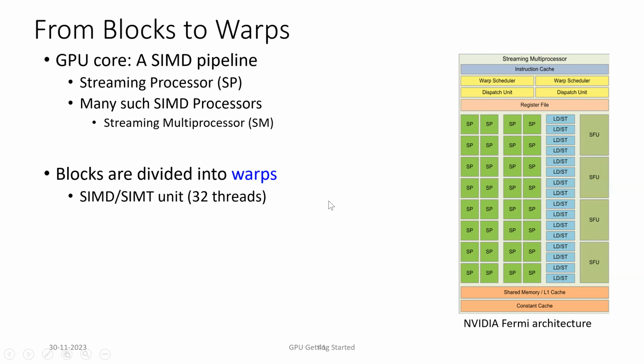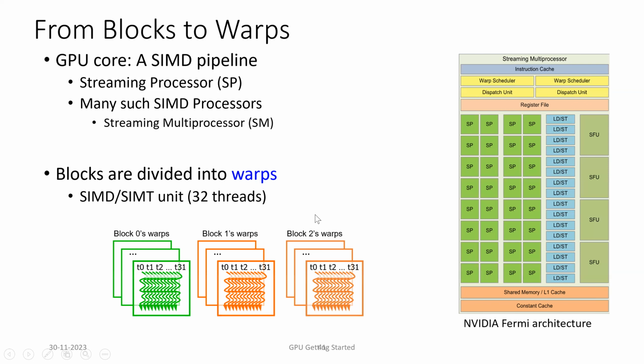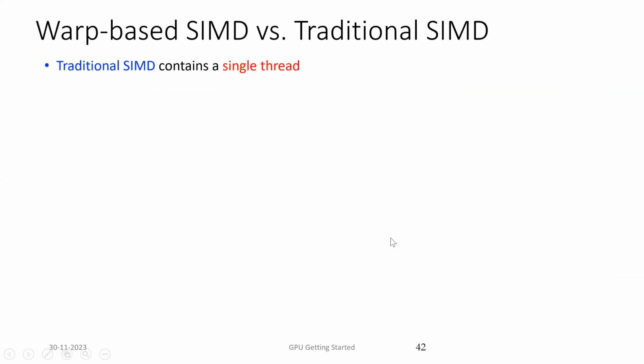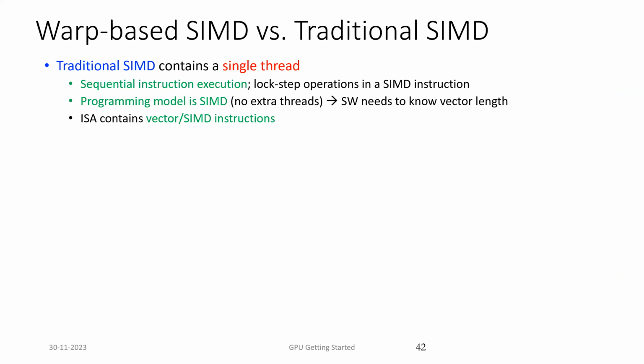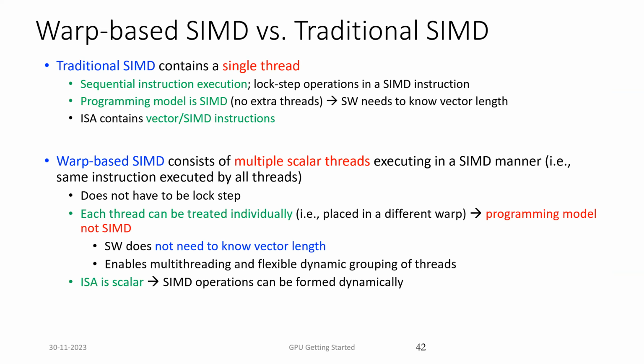Now, blocks are divided into warps based on how many threads a warp contains. And these warps, we can visualize it like this in a two-dimensional fashion. So multiple warps are scheduled. And there has been progress on how the traditional SIMD used to work when compared to what's currently deployed. So again, in interest of time, I'll skip this.